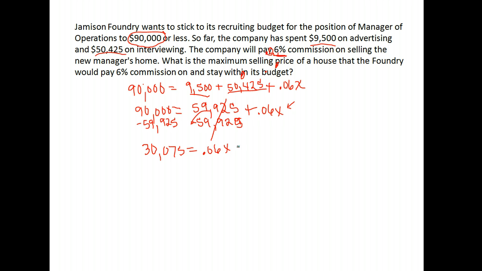Again, it's 0.06 times x, so we do the opposite and divide both sides by 0.06. And we get that this house could sell for $501,250.